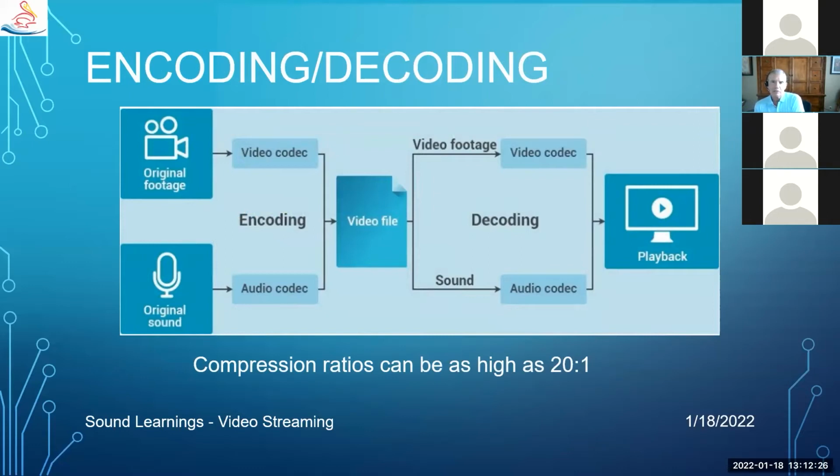When I ask for a video to be played on my PC or my phone or my smart TV, what's happening in the background is that the original movie and the original sound, on the left side, the first thing that has to happen is it has to go through something called encoding. Encoding is really compressing it. Original footage of a video is in very, very large files.